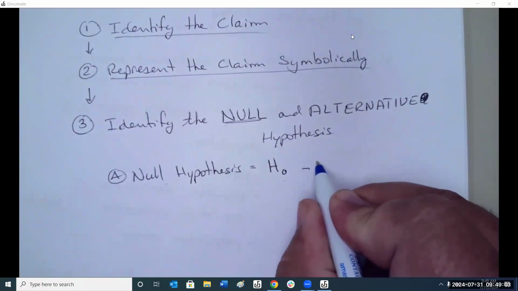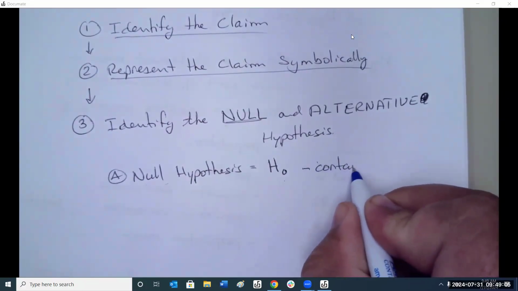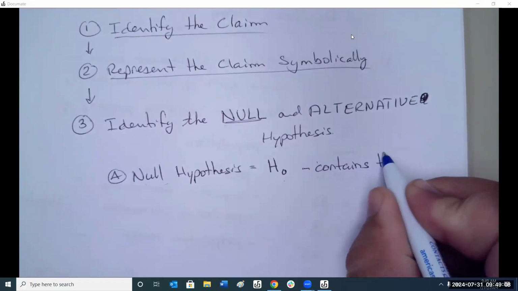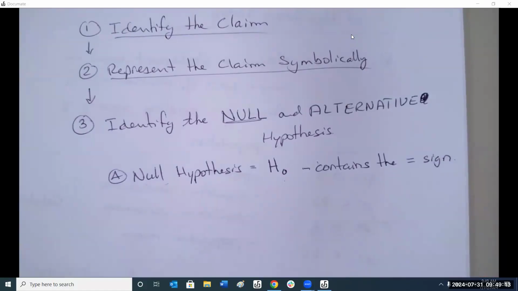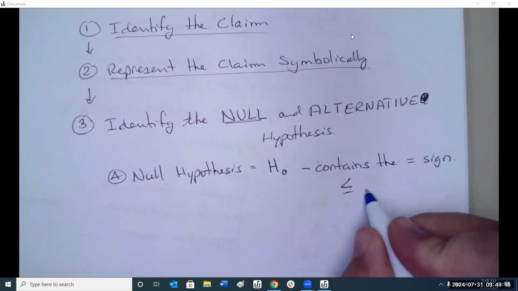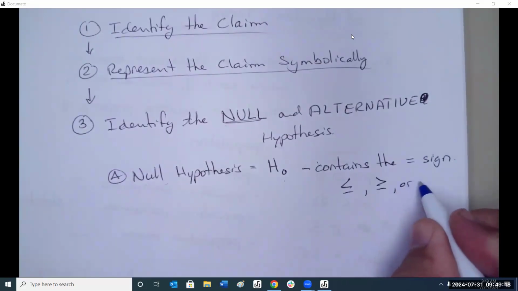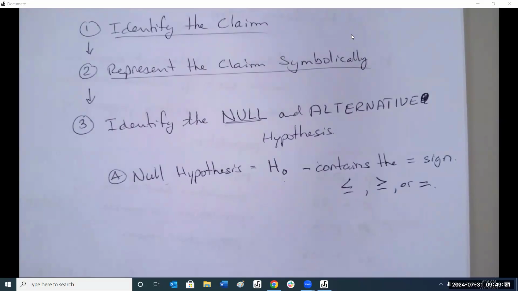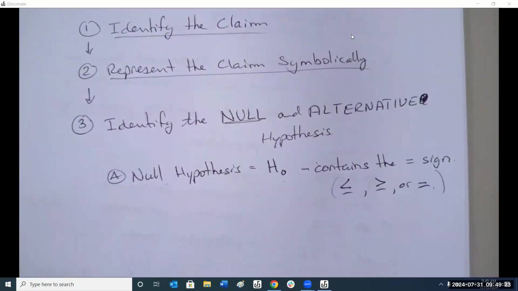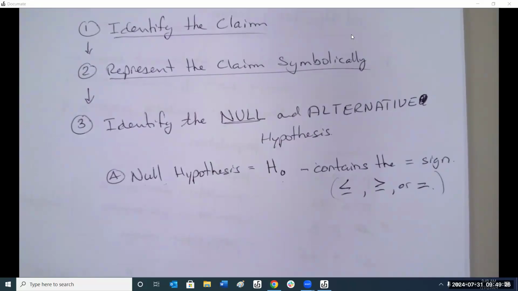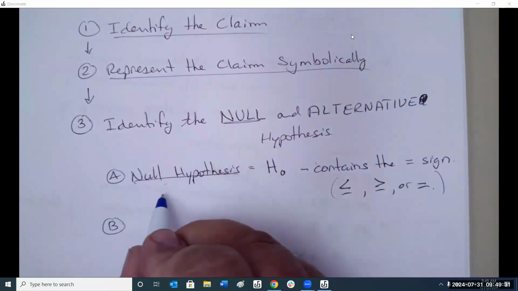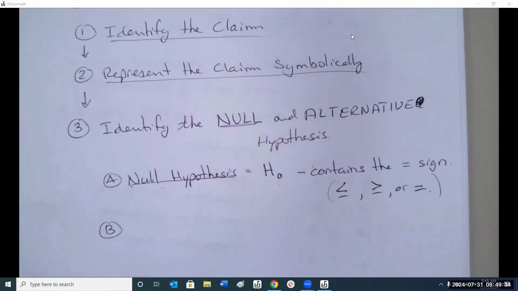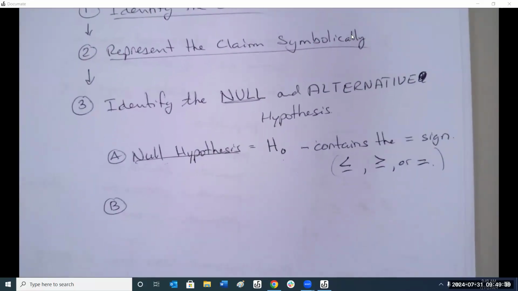This one contains the equal sign. It could be less than or equal to, greater than or equal to, or equal to. So this is what we call homeostasis. That's what's happening right now in the real world.